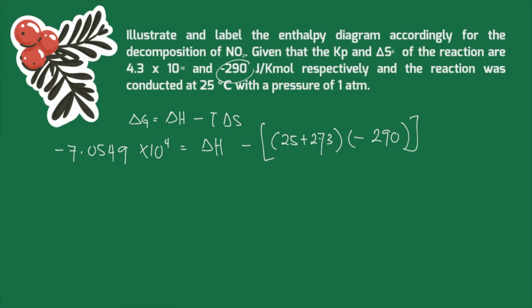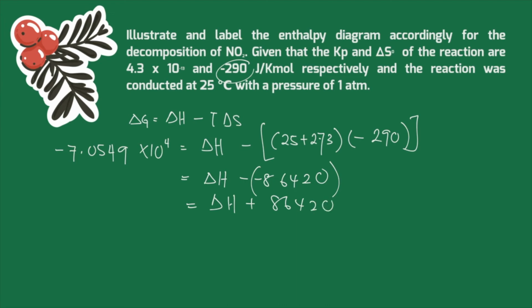So what I'm going to do is calculate the one in the bracket first. So you shall get 86420. So in saying that, because this one is negative, so negative will be positive. So positive 86420.